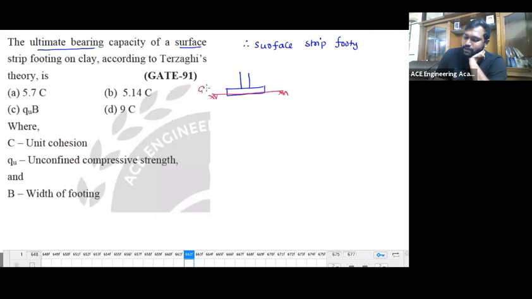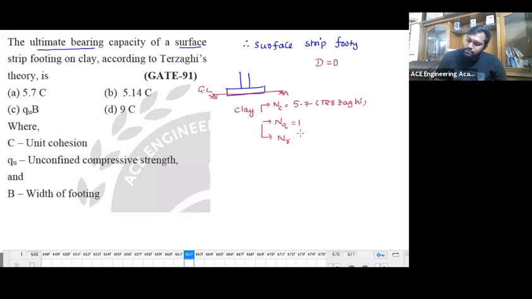If I say ground level, then D is equal to 0. Depth of the footing is going to be 0. And as I mentioned, this is a clay soil. In the clay soil, Nc is 5.7 as per Terzaghi, right? And Nq is equal to 1 and N gamma is equal to 0.